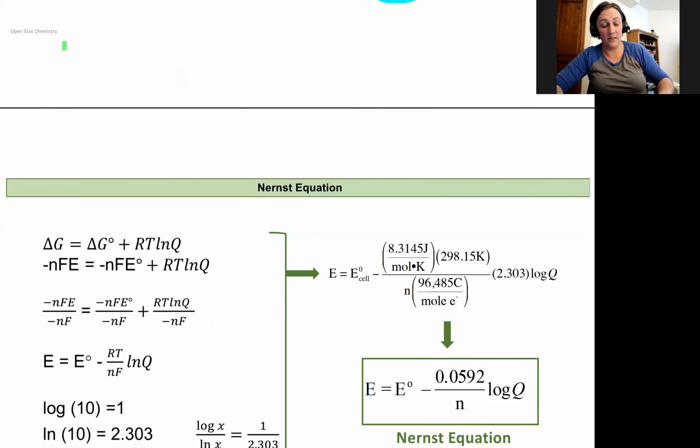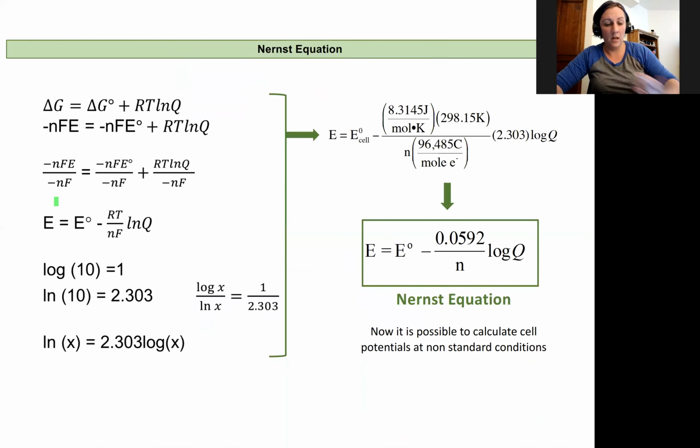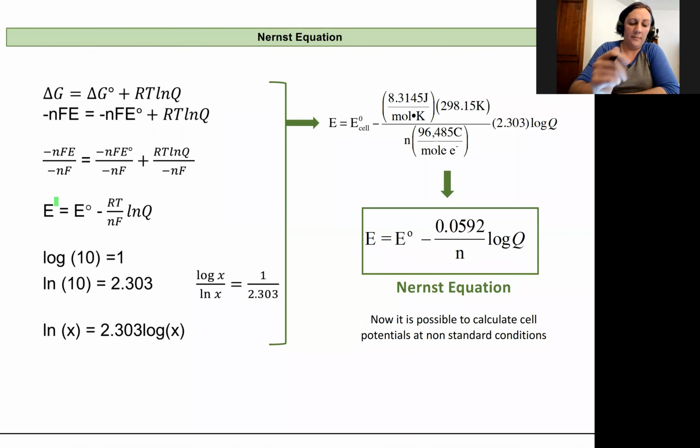So now let's build to the Nernst equation. We're going to go back to our previous chapter when we talked about free energy. We talked about free energy at a standard state and non-standard states, and we had a way of calculating that. The change in free energy for a system not at a standard state would be equal to an adjustment to the standard state free energy.